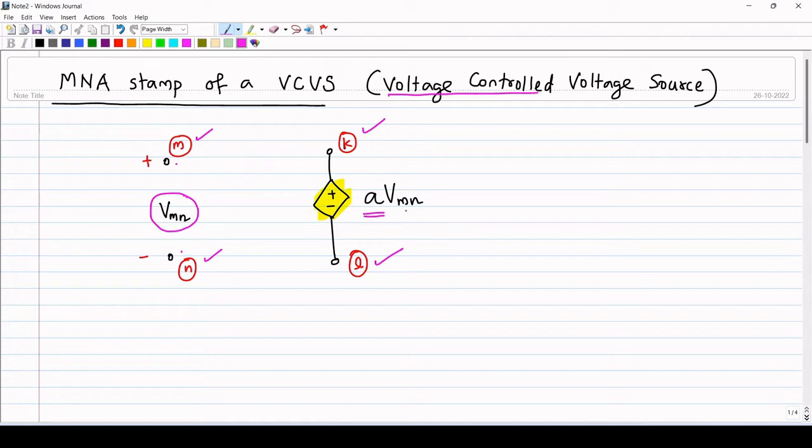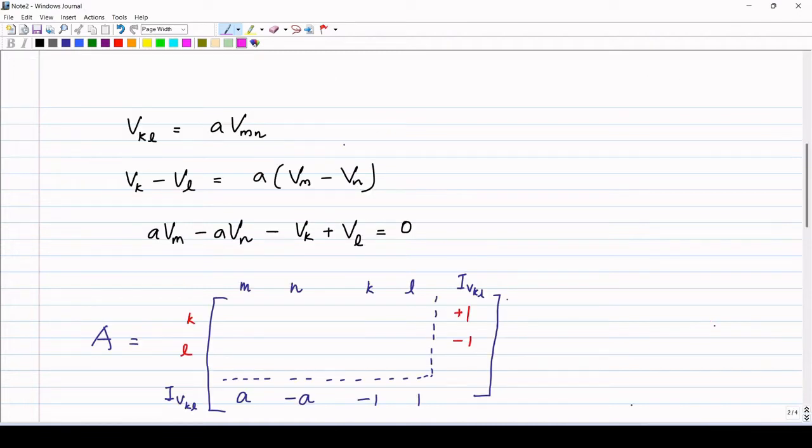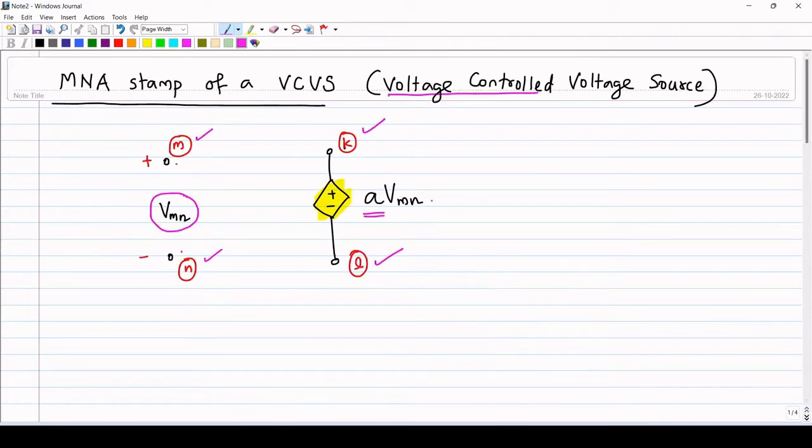Now we will see how to add this source in the modified nodal analysis. From the dependent source symbol, we can see that VKL is the voltage across these two nodes, which is equal to A times Vmn.